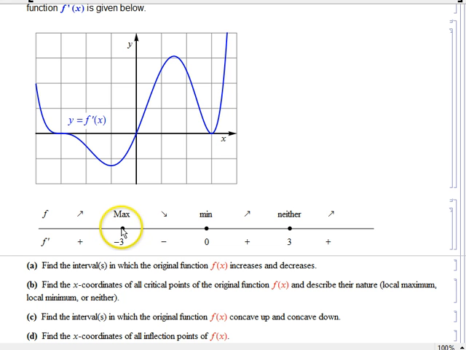So the change here, increasing to decreasing, gave us a local maximum. And this change, decreasing and then increasing, gave me a local minimum. And then increasing and then keep on increasing, neither maximum nor minimum. So this diagram completely answered part A and part B.